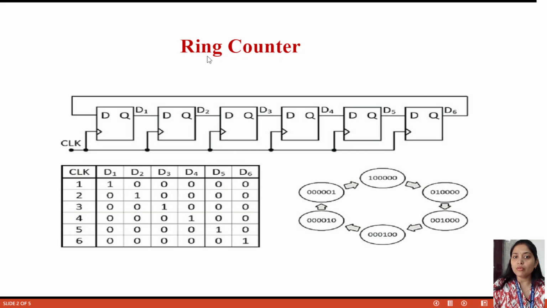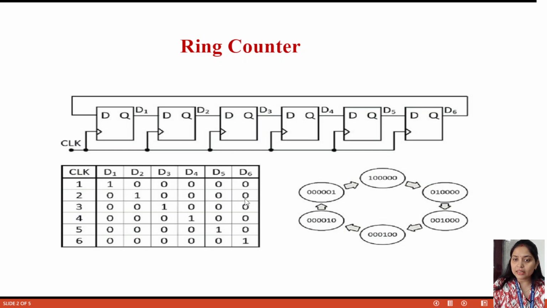This 0 will come to the first flip-flop input, at the D1 position. Then this 1 will shift to D2, then this 0 will shift here, and in this way all other bits shift.